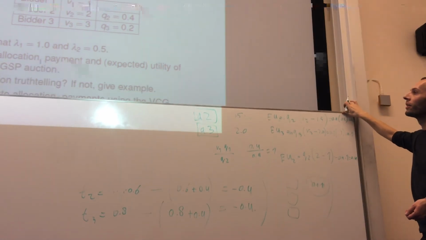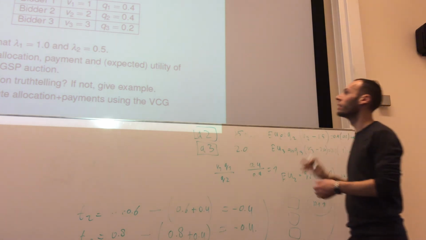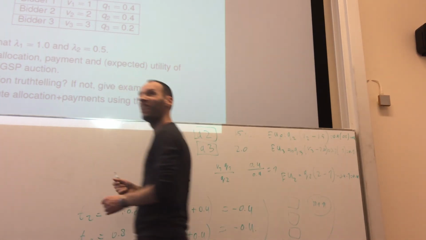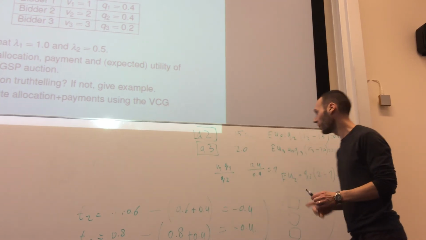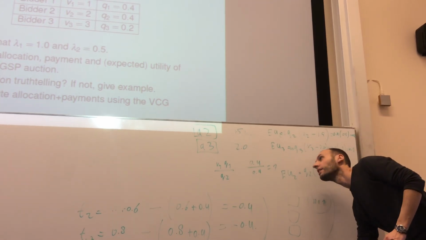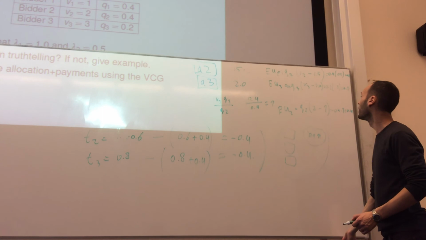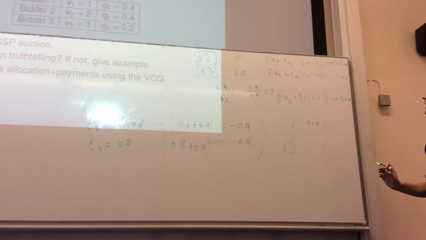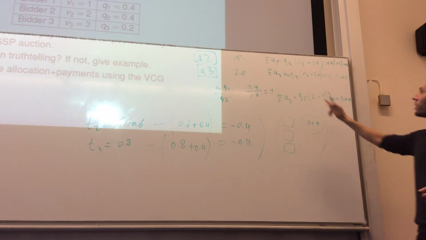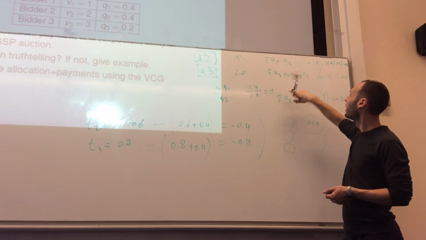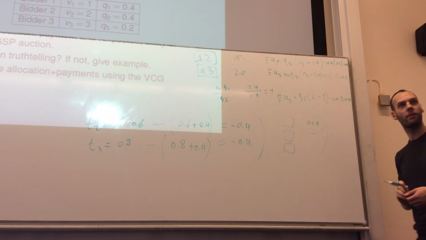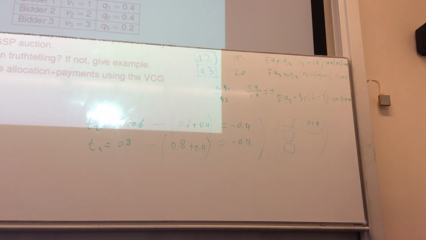Is this auction truth-telling? Maybe in this case it could be. Let's have a look again. Suppose that agent 2 now says, okay, I'm going to take the second slot instead of the first slot.